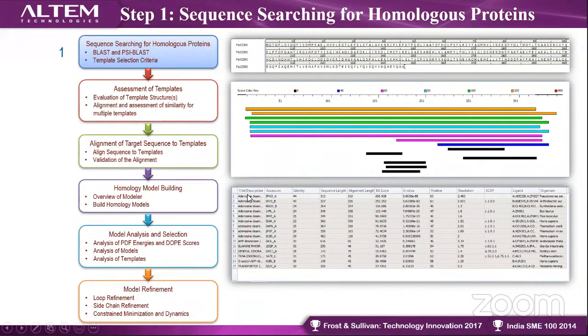In other software, you need to search with BLAST. First you search for your target sequences through BLAST, and then the template sequence through BLAST. Once you have performed your BLAST search, you will be having identified sequences. Here the BLAST has been embedded into the particular software.